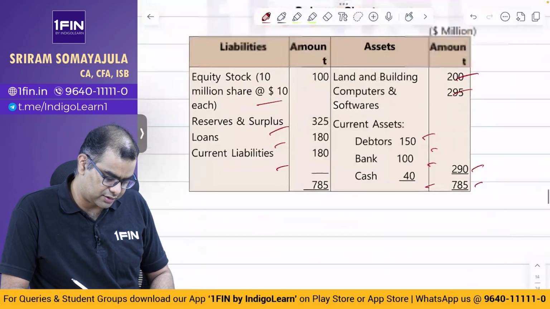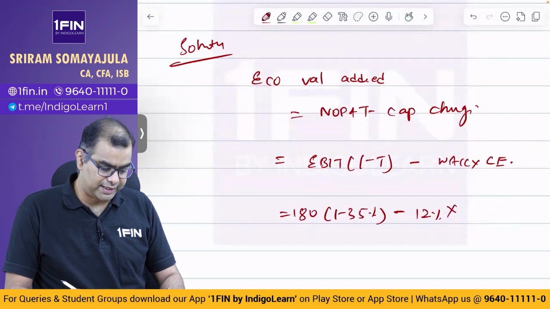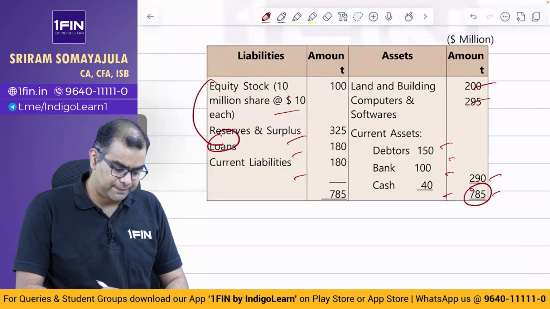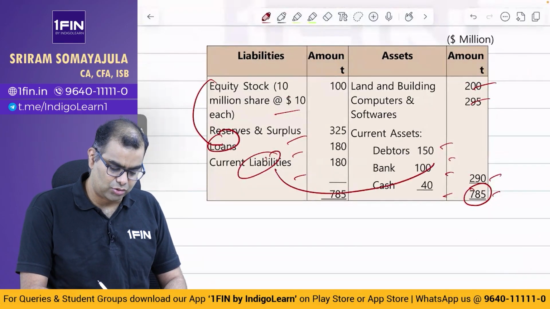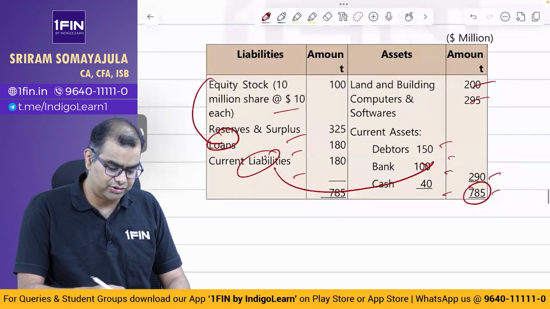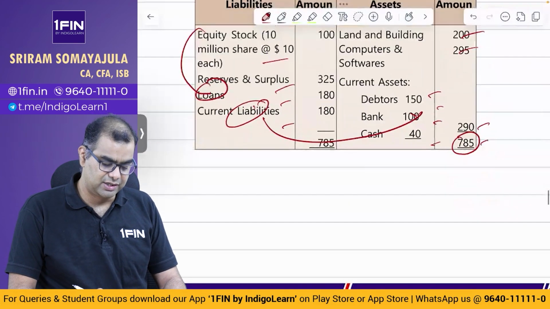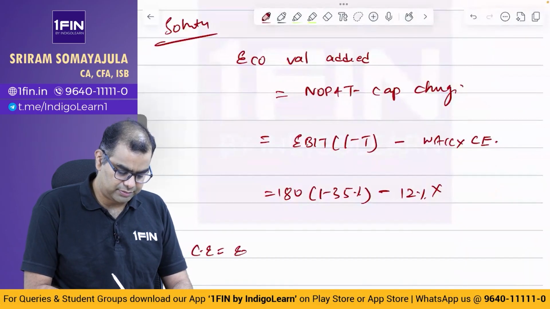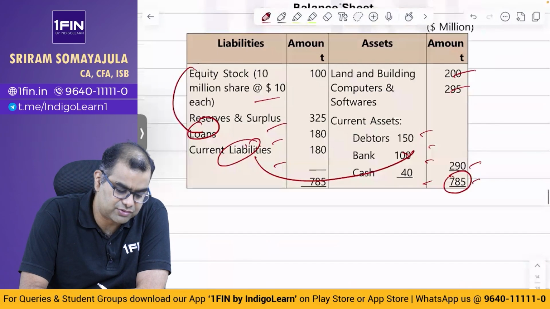What is capital employed here? Capital employed is net of working capital. So if you remember this, equity plus debt, and the current liabilities have to go out. Current liability is 180. So capital employed is equity plus debt, 785 minus 180. Is it 705 or 605? It is 605.